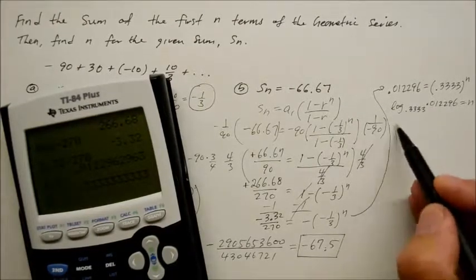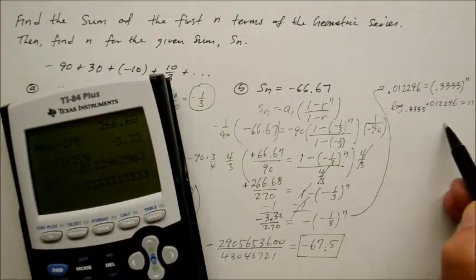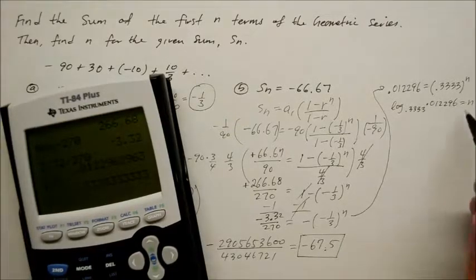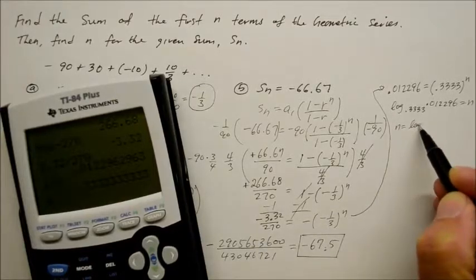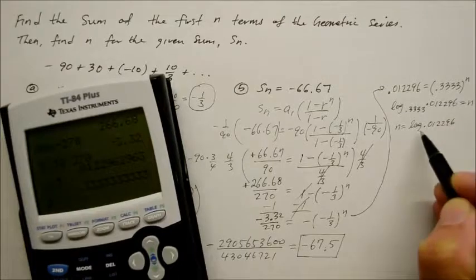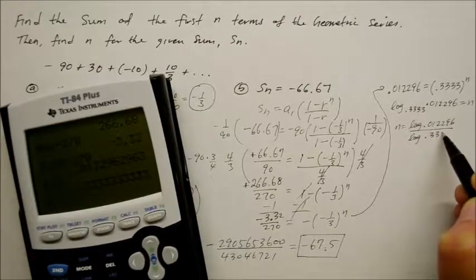Same thing? Remember the log functions we talked about in the past? And then we use that thing called change of base formula. Can we just write that as n is equal to log of 0.012296 over log of 0.3333?